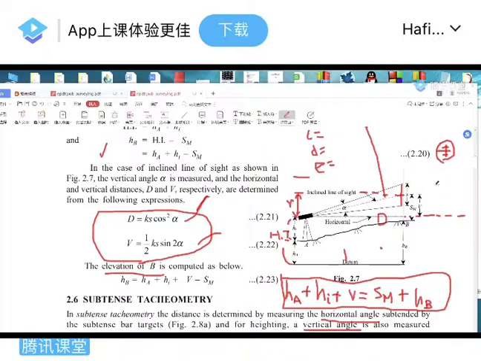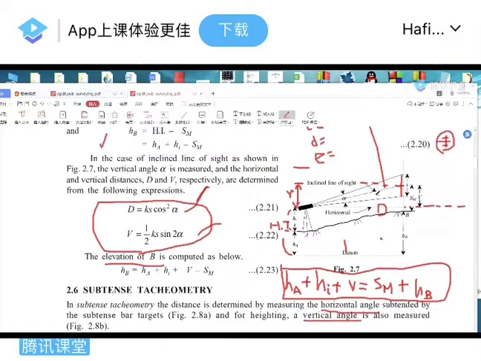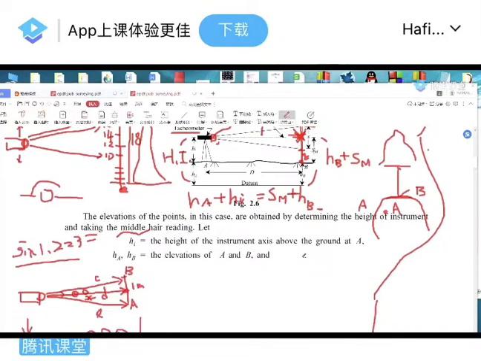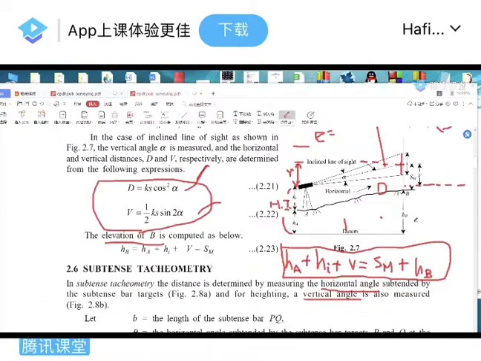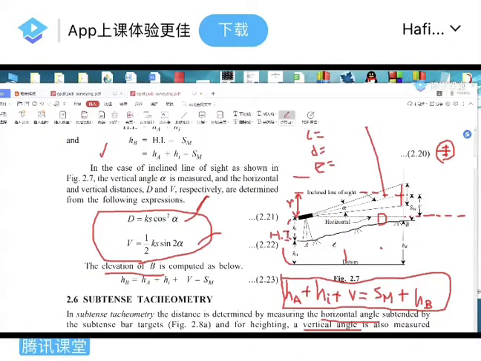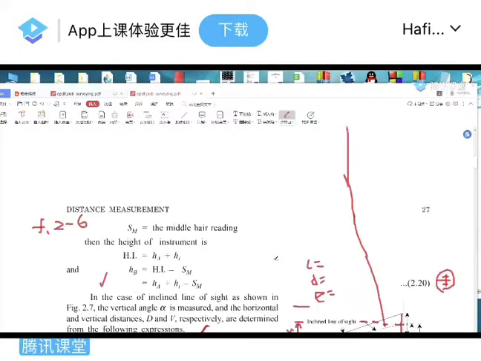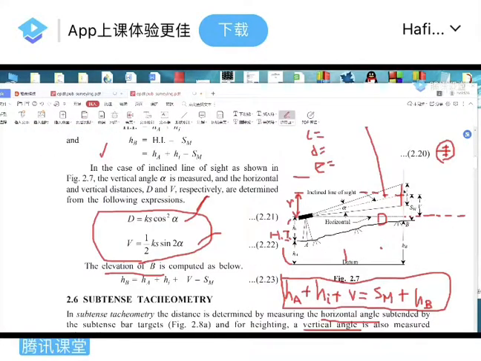So for this picture, suppose you use this one. And this picture, first picture, second picture. Probably I shouldn't call it a picture because it's the real situation. You do the measurement, the real situation. In this one, you bring leveling stuff only. In this case, you bring leveling stuff and also you bring the subtense bar.